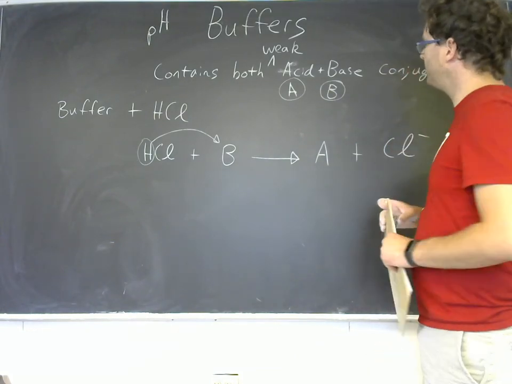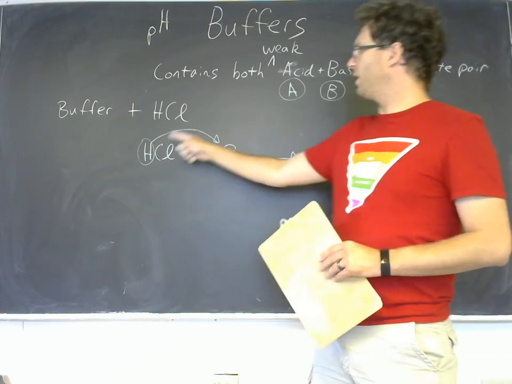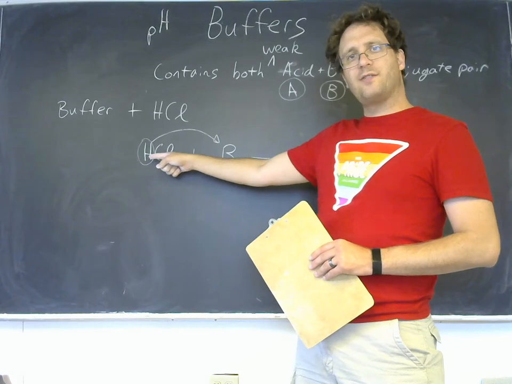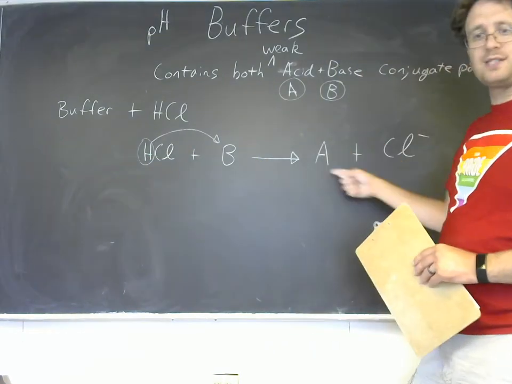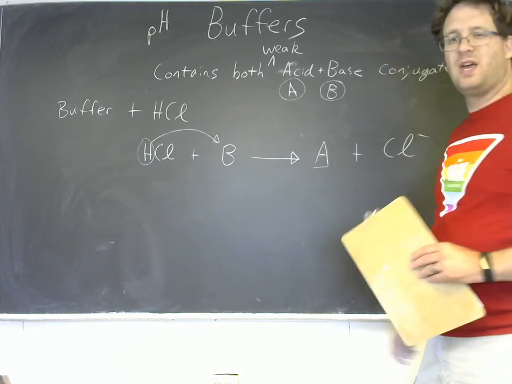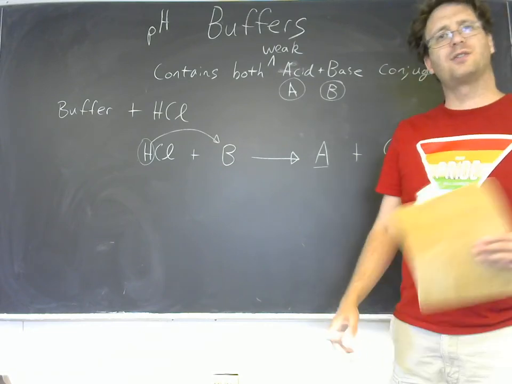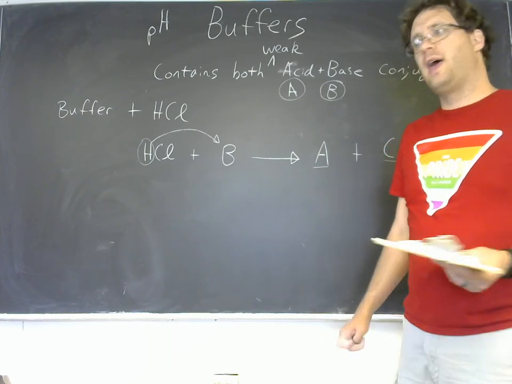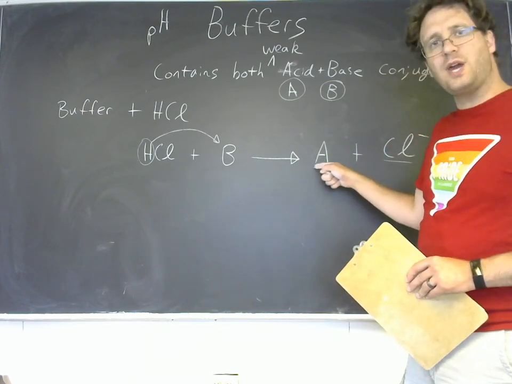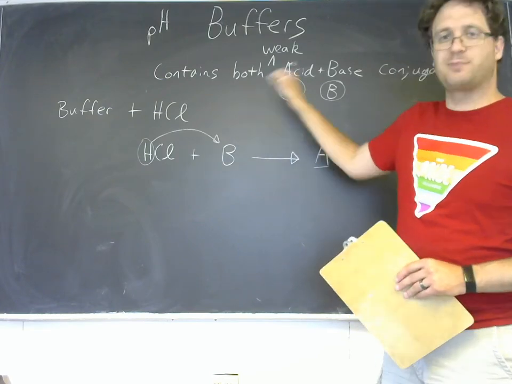And what we see here is that the hydrochloric acid now, instead of generating H3O plus as its product, it has generated only a weak acid plus an inert chloride ion.